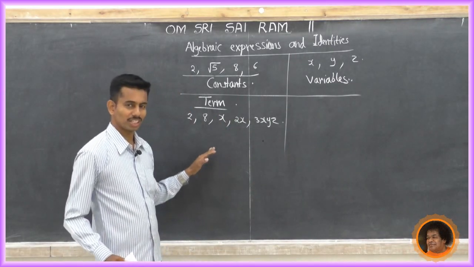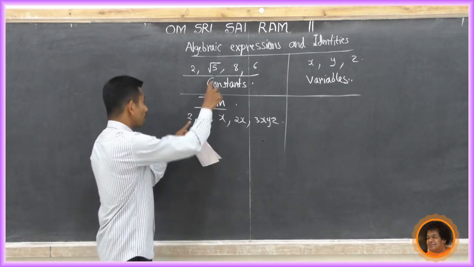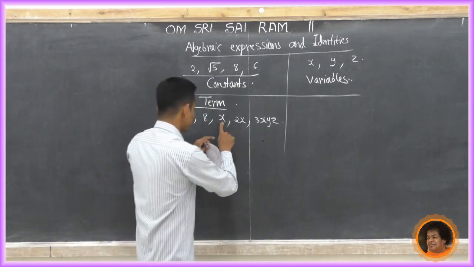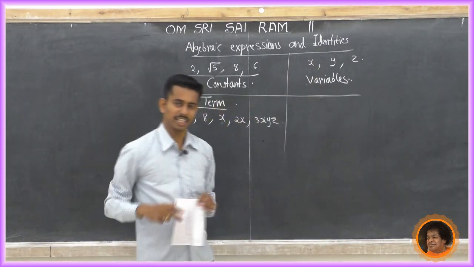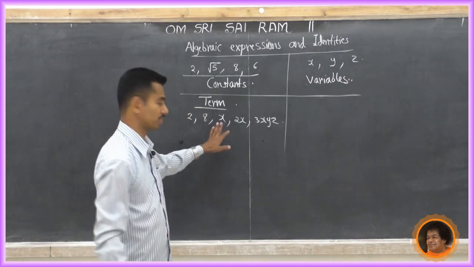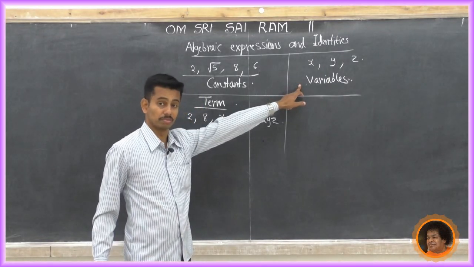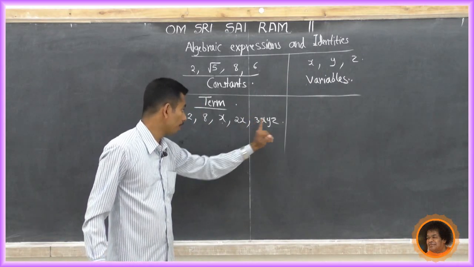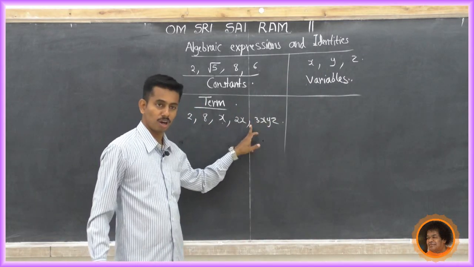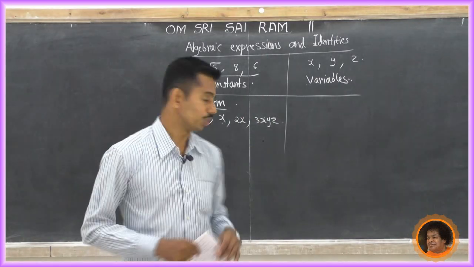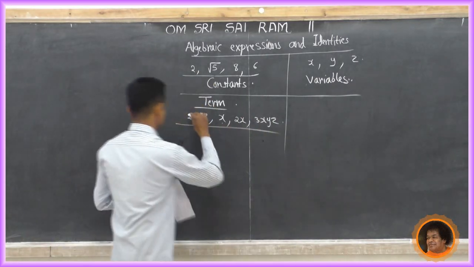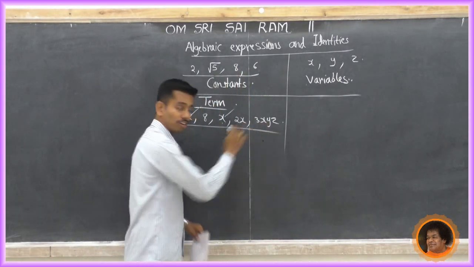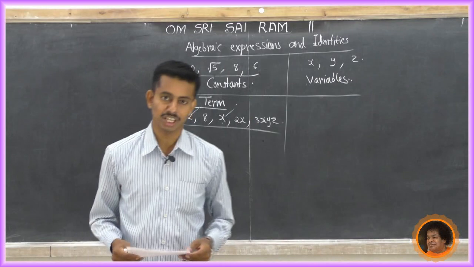Now tell me, what is the definition of term? Every constant or any number is also a term. The variables x, y, z, a, b, c, d are all terms. Not only constants and variables, the combination of variable and constant is also a term.